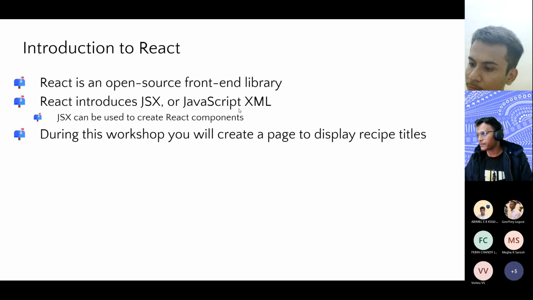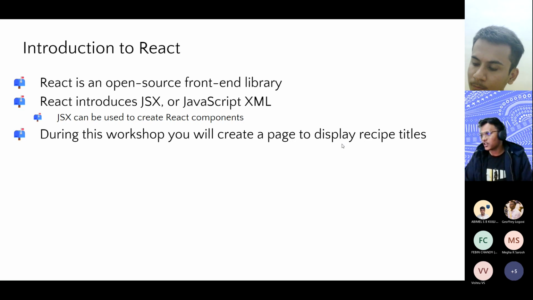I already told you about JSX. JSX means JavaScript plus HTML. We will see the syntax later. In this workshop, we are going to create a very simple place to display recipe titles.